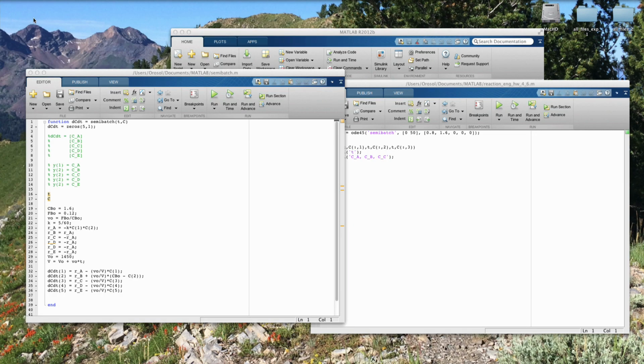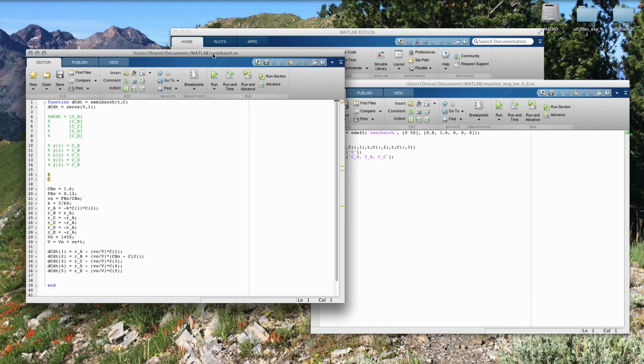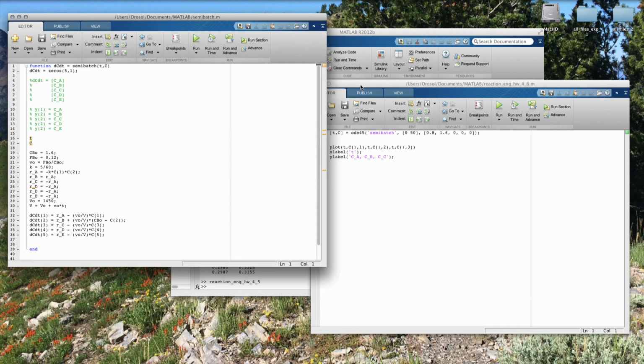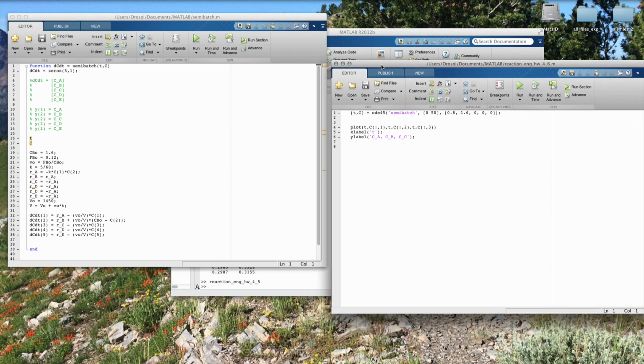For number 6, I actually forgot to write down the summary of equations, so I'm just going to go through this. You solve this exactly the same way as the last problem. So you're going to use ODE45, or you could use ODE23, I think. And you're setting this up exactly the same way.